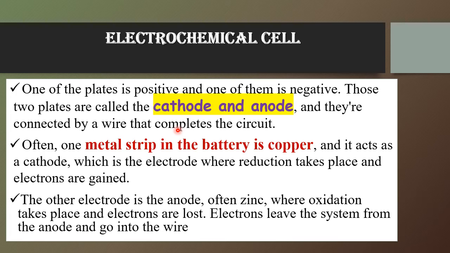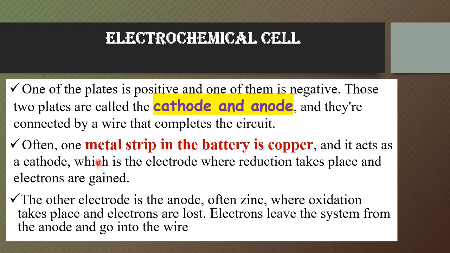So now let's check out what are the different types of electrodes that are present. Usually two electrodes are present, one has the positive charge, the other has the negative. These are known as the cathode and anode, and these two electrodes are connected with each other by the help of a wire, and in this way the electrochemical circuit is completed.